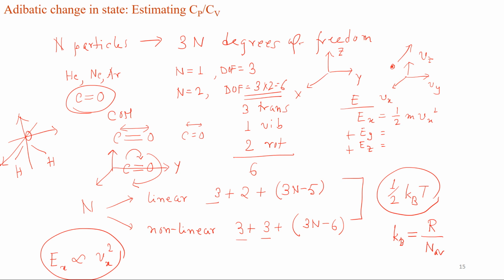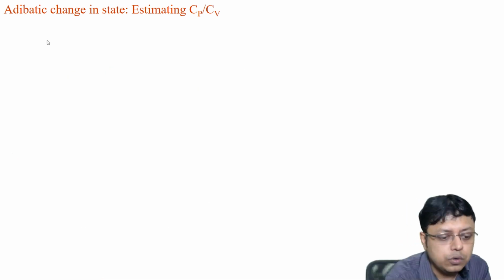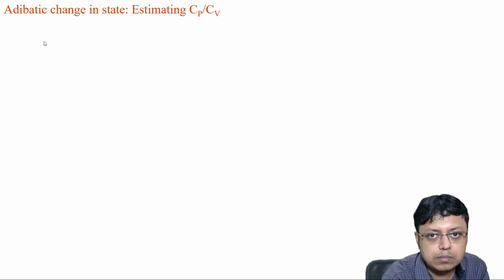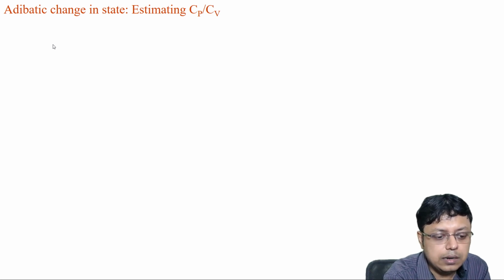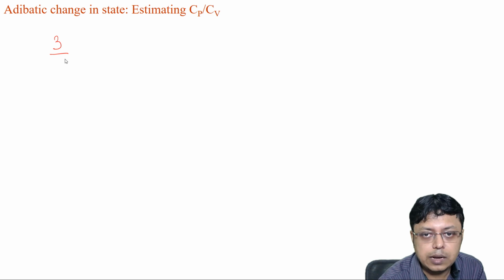Now let us take an example. Suppose we have a monatomic gas, which is, say, helium or any inert gas. So the total degrees of freedom is only translational degrees of freedom, which is 3, and we know that translational degrees of freedom can be written as a sum of 3 kinetic energies, where each kinetic energy along a particular direction in space is proportional to a square term in velocity.